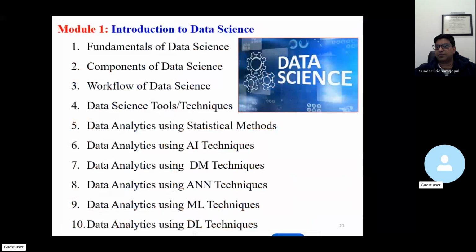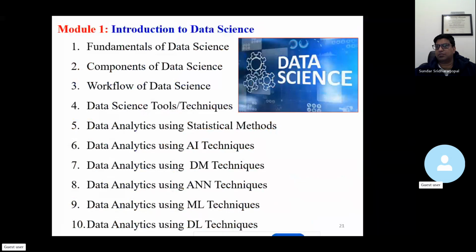We are doing various statistical methods and operations. And data analytics using AI techniques. We are using various A star algorithm, soft computing techniques like HMM model, Bayesian networks, various AI techniques.